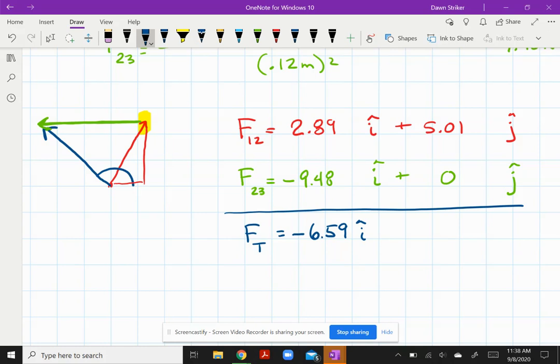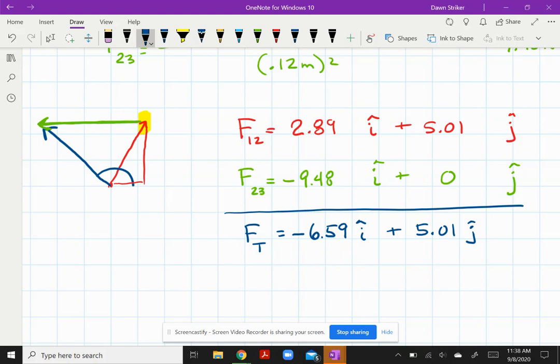That little i hat means in the x direction, that unit vector is kind of like having a hat on it. And then what do I have in the y direction? I have 5.01 in the y direction, and y direction means j hat.